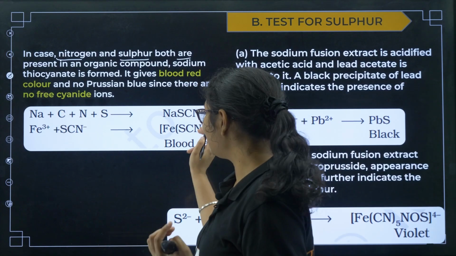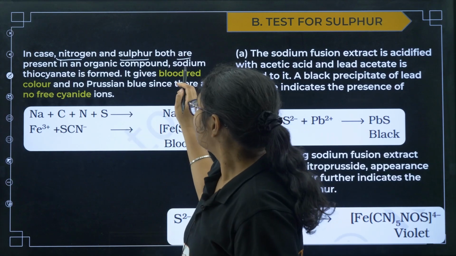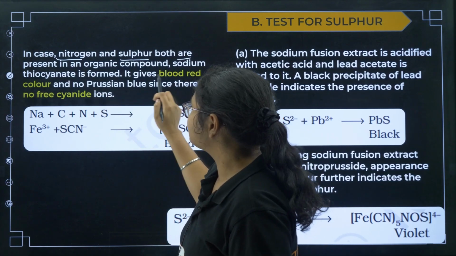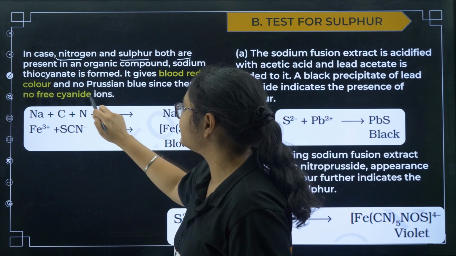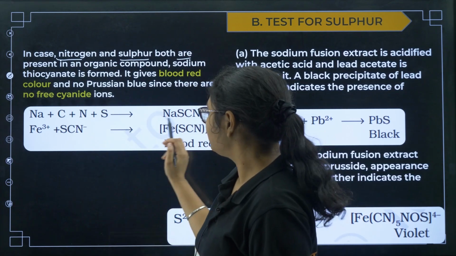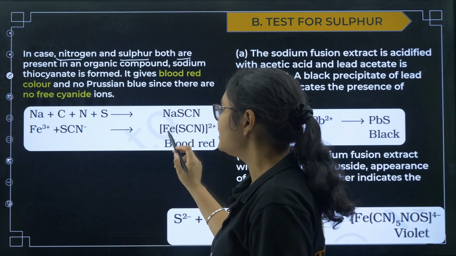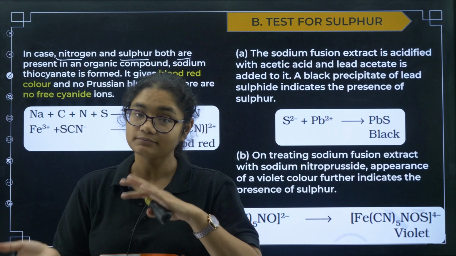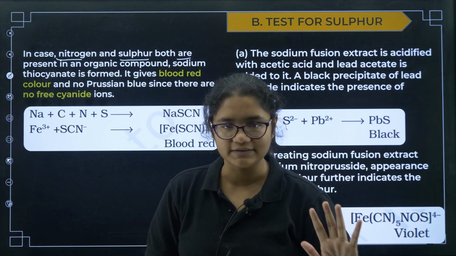You will get NaSCN, sodium thiocyanate, directly. It gives blood red color and no Prussian blue, since there are no free cyanide ions. So if you treat this with Fe3 plus and you are getting this blood red color, you won't get the previous color, the Prussian blue complex.